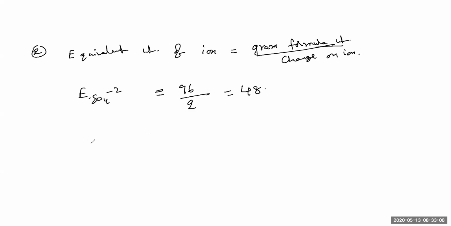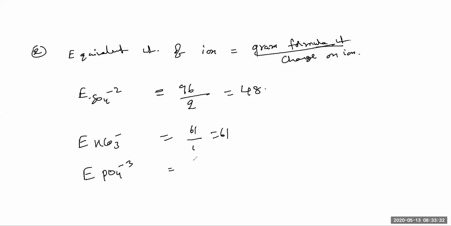Similarly, equivalent weight of HCO3 minus, bicarbonate. What is the formula weight? By calculating, we will get 61 by 1, that is 61. Or equivalent mass of phosphate, PO4 minus 3.